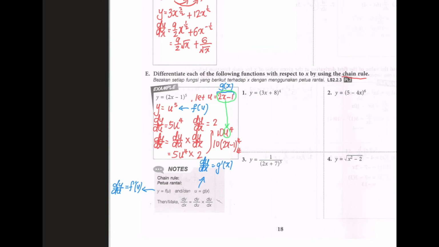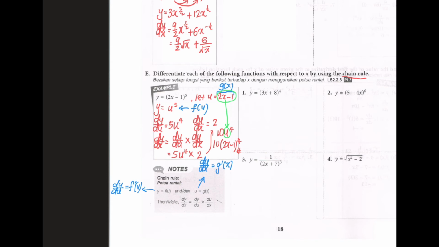I will show you an alternative method. With this chain rule, you will feel like, so many things to do. I need to substitute, then differentiate this equation, then differentiate another equation, then multiply the two derivatives, then after that resubstitute u with something in x.